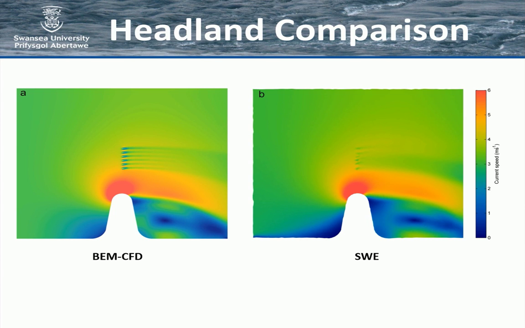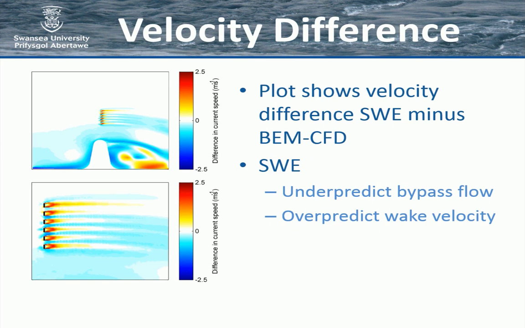On the right-hand side, we've got shallow water equations. We've still got 6 rotors in here, but each one is smaller than a grid cell, and so there's a level of abstraction. You can still see the same general approach. This plot is a velocity difference. So this is shallow water minus blade element, and you can see what's going on.